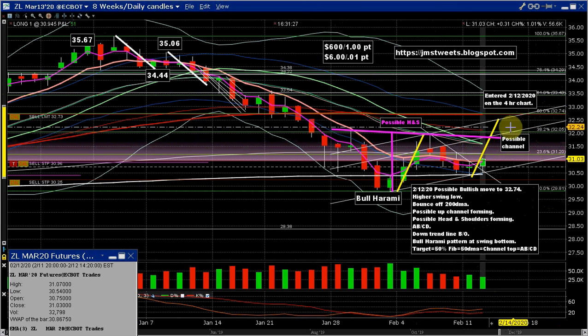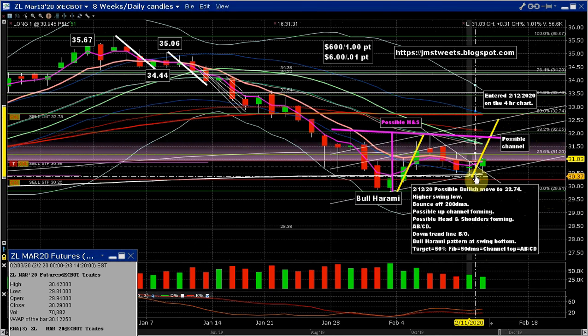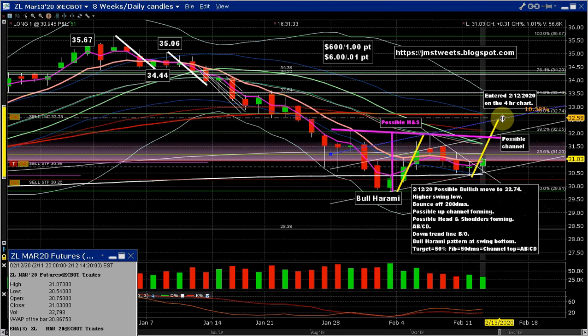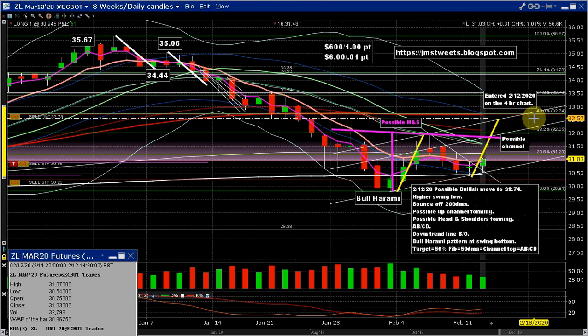And then finally the ABCD, the yellow lines, this down here and then that same distance repeated up here, that's not exactly added, but it's pretty darn close, certainly close enough. So this level right here, 32.74, is an excellent target level. So that's my target, a bullish move to 32.74.